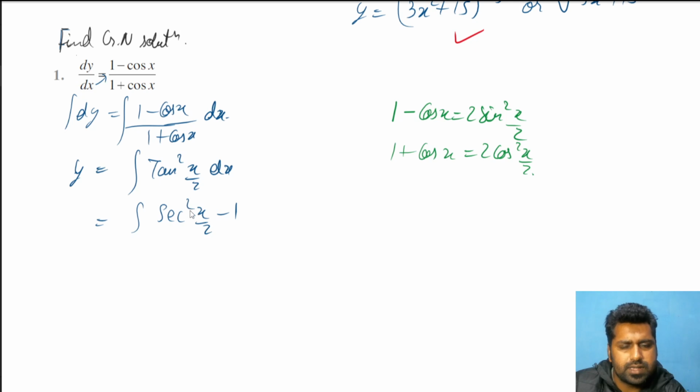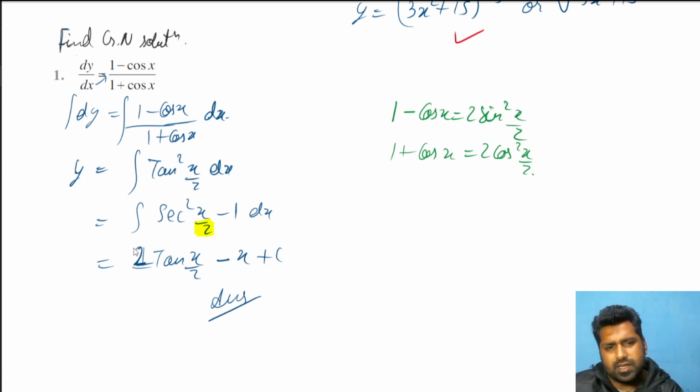Tan square is sec square x by 2 minus 1. And this integration is very simple. This is tan x by 2 divided by the coefficient of x. Whatever is the coefficient of x, that will come in the denominator. So 1 upon 1 by 2, so 2 tan x by 2 minus x plus c. That's the answer.